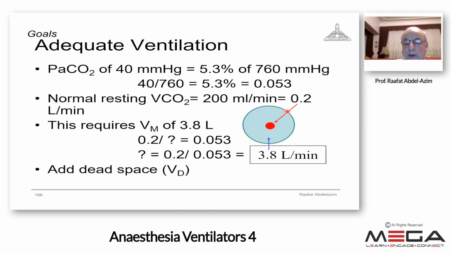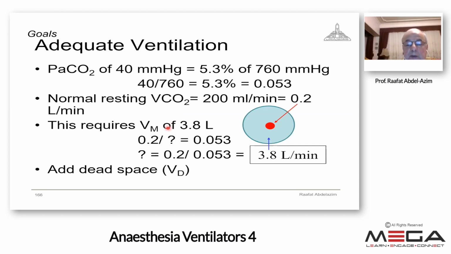How to calculate the minute volume? The minute volume required is the one to keep the relationship between 0.2 to the minute volume exactly as the relationship between 40 and 760. So we divide 40 by 760, that is 5.3%.